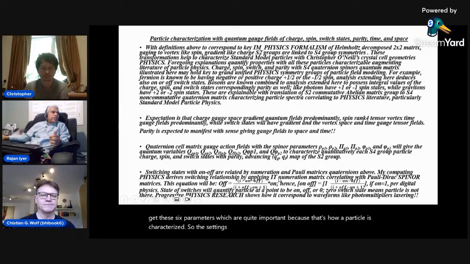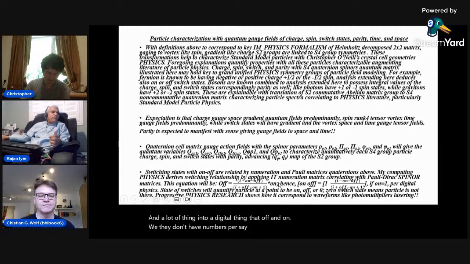So the switching states are, again, this is the derivation I was talking about with Pauli matrices. When I did that, I could connect between the off and on. Very important because we have to convert this thing into a digital thing, and off and on don't have numbers per se.